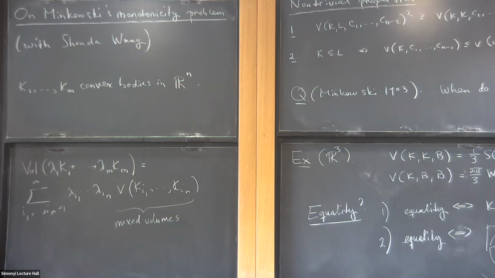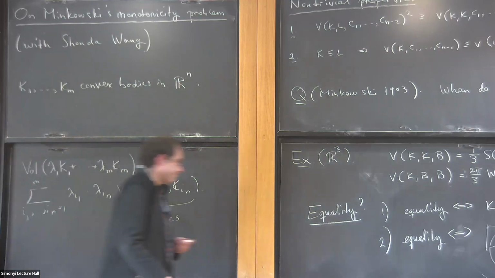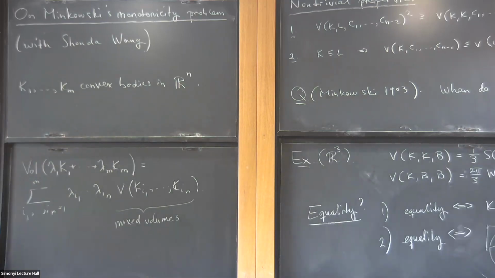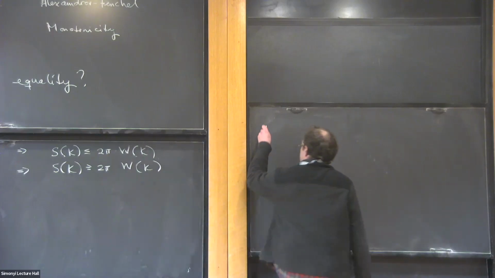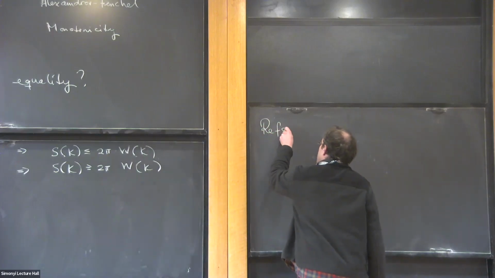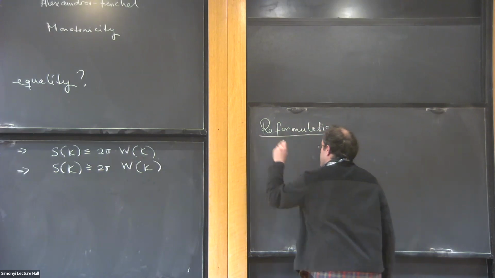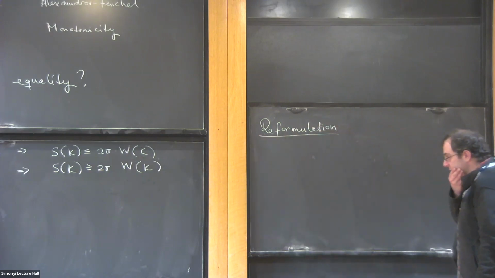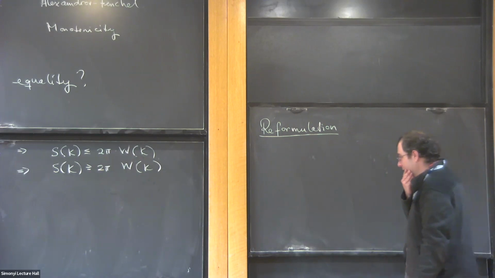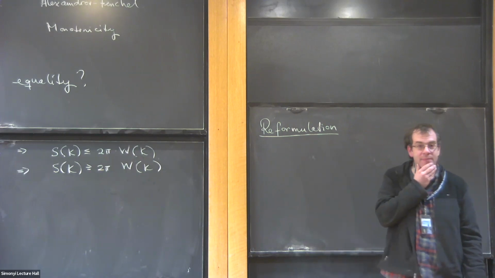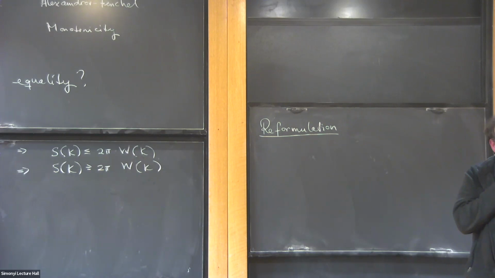So let me try to move towards a more analytic understanding of this point. So let's try to reformulate this problem. Is it obvious to see that this would be an equality case in the hat, or is it a calculation?